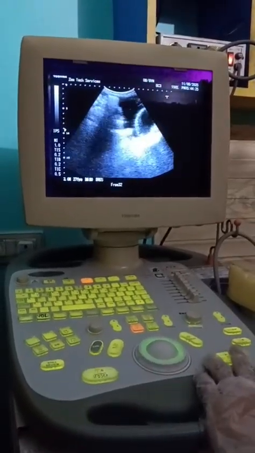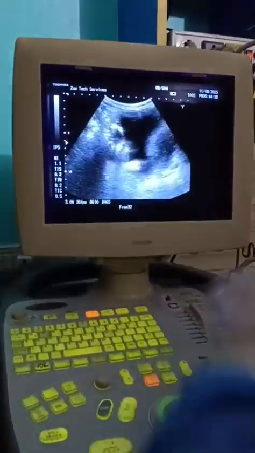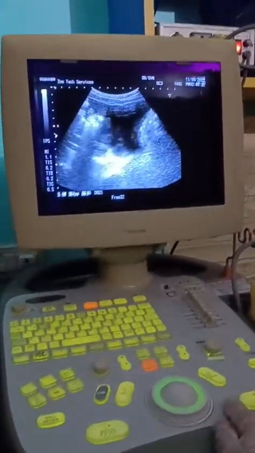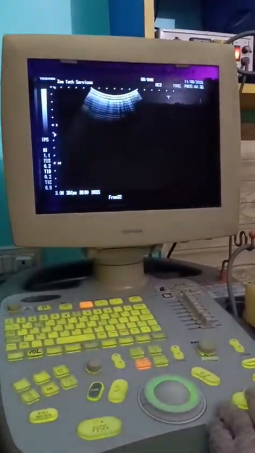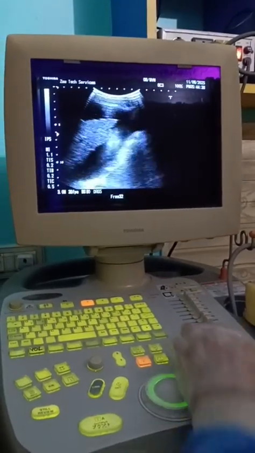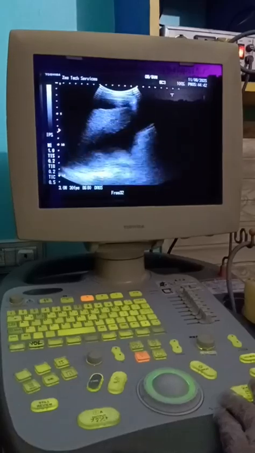The fluid contains no echoes, no membranes, no debris. So this is clear-cut ascitic fluid due to portal hypertension, and this is a case of cirrhosis of the liver.